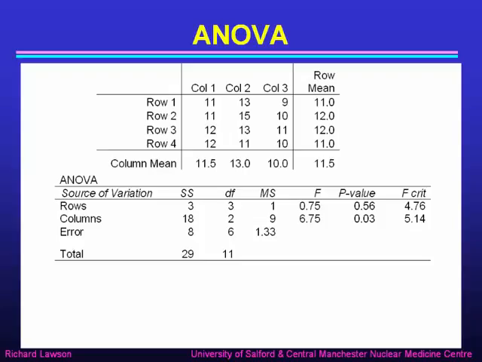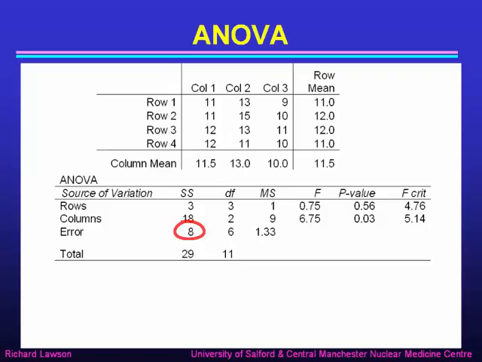It shows a sum of the squares for the rows of 3, which we've already calculated, and the number of degrees of freedom, which in this case is 3 because it's the number of rows minus 1. 4 rows minus 1 is 3. The sum of the squares for the columns we've already calculated is 18. There are 2 degrees of freedom because there are 3 columns. The error is what I call the residual sum of the squares.